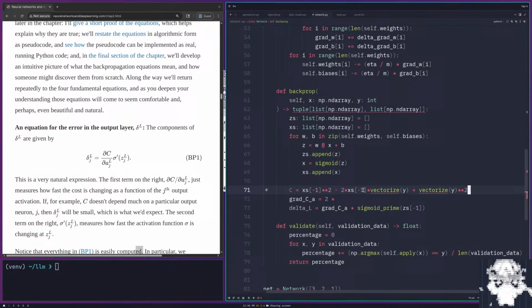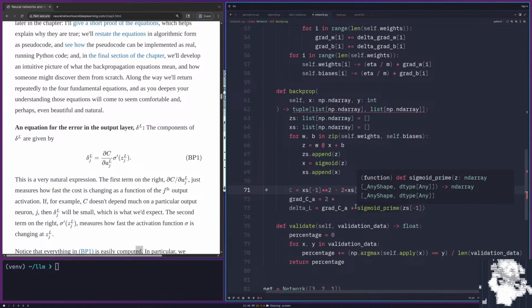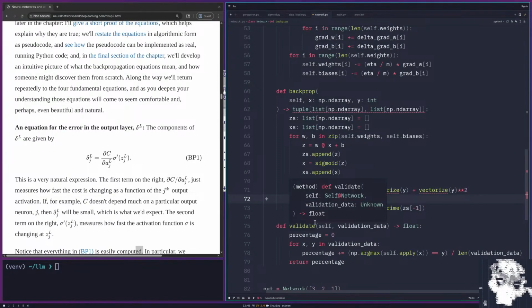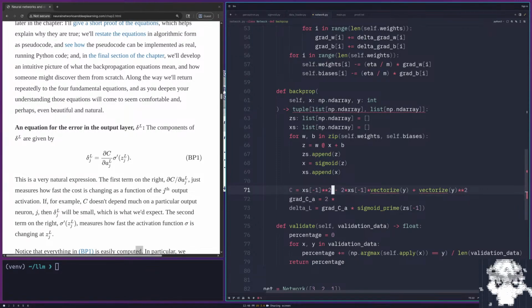Where this is a Hadamard product. So the derivative of that is 2 times this minus 2 times this, and then the constant goes away.